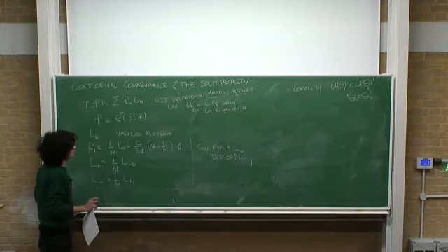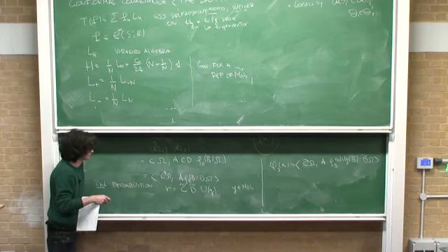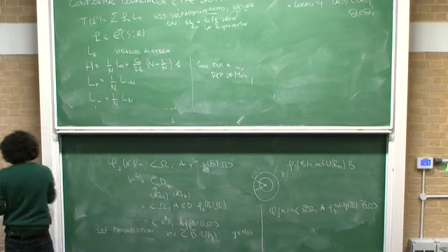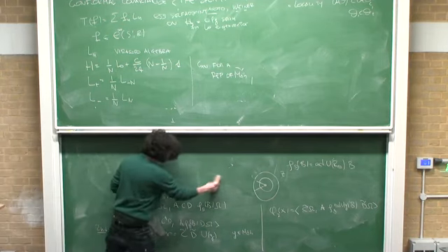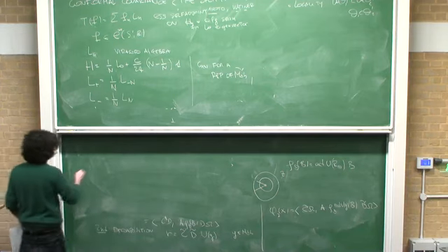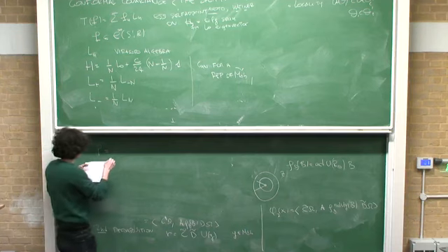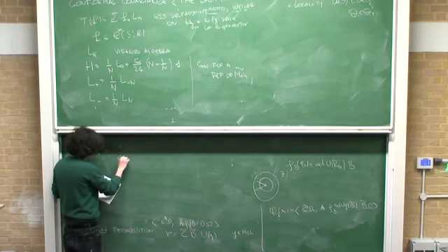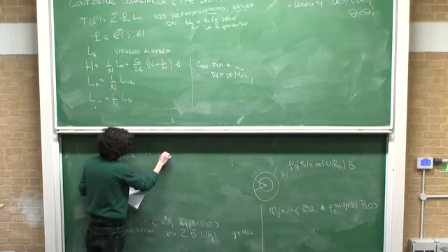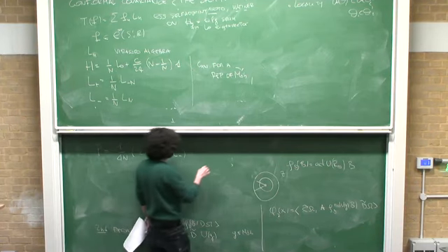And in such a representation, we can distinguish translations. Translations are given by the following: P, which is 1 over 4n with H minus L_plus minus L_minus. These actually are translations, okay?